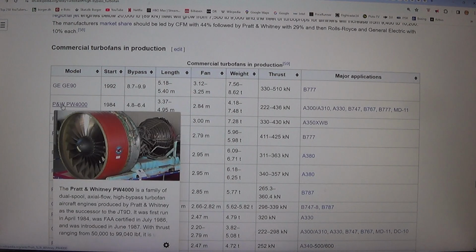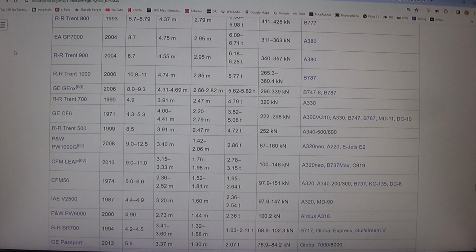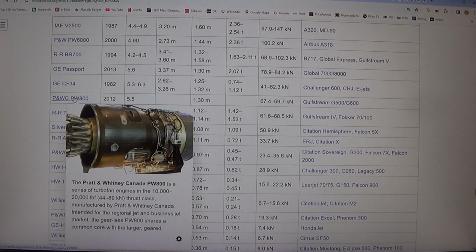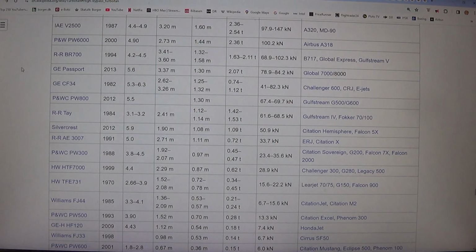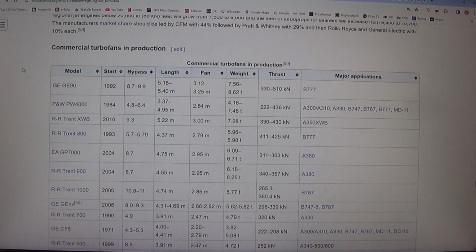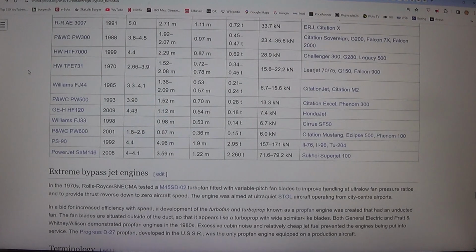GEGE 1992 8.79.95.18 5.40 M3.12 3.25 M7.56 8.62 T335 10 KNB 777 P&W PW 4000 1984 4.86.43.37 4.95 M2.84 M4.18 7.48 T2222436 KN a 300/310, a 330, B747, B767, B777, MD11.